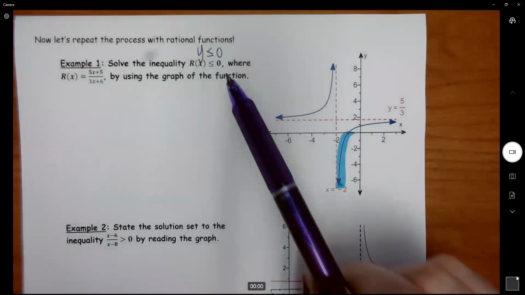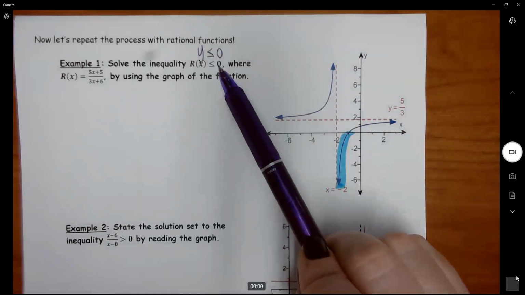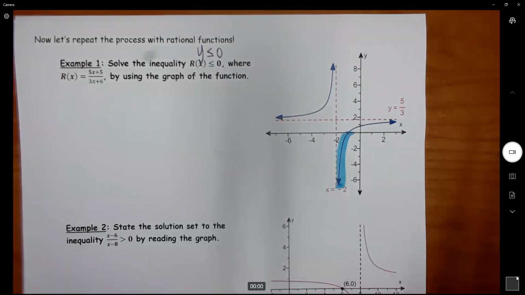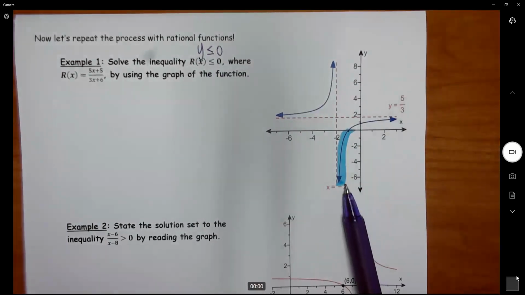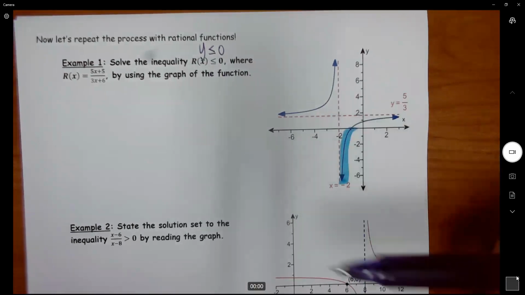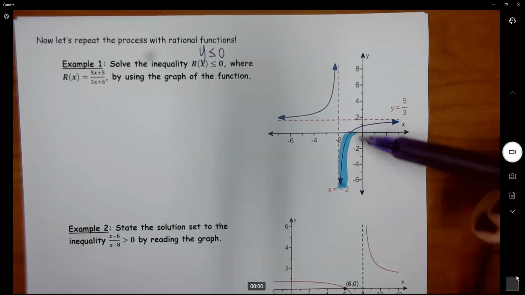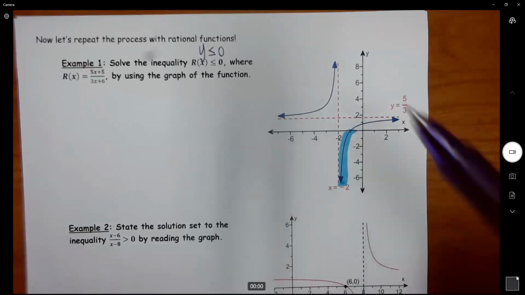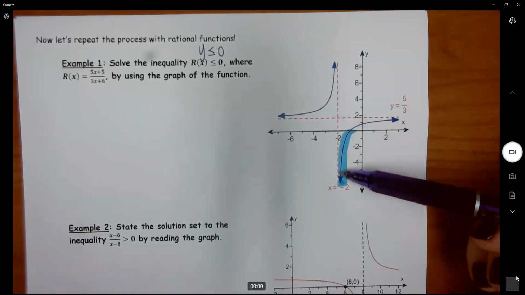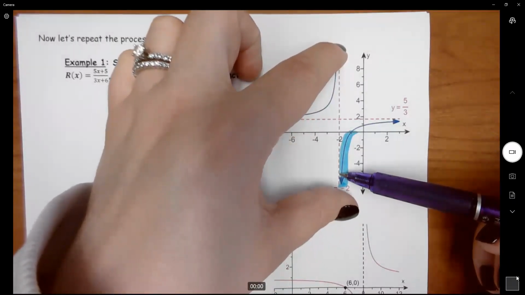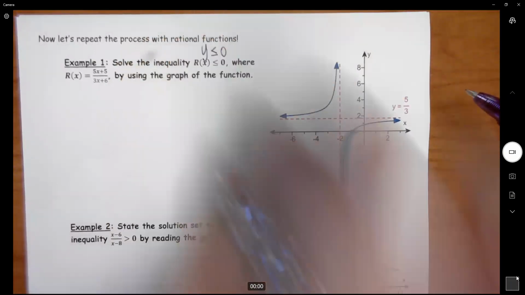Now, even though this is less than or equal to 0, and specifically that or equal to, you have to be careful with your brackets and your parentheses. When I go from left to right, this is going down right here. And usually an arrow means forever, right? But this is getting closer and closer to this dashed line. We know that these dashed lines represent asymptotes.